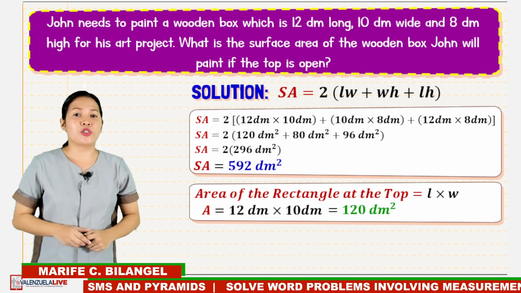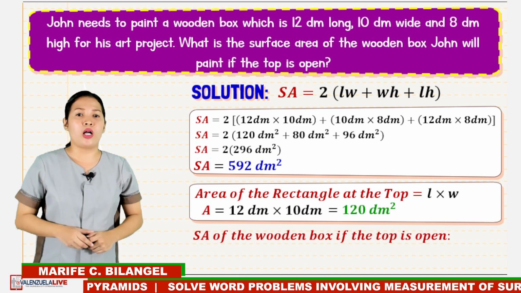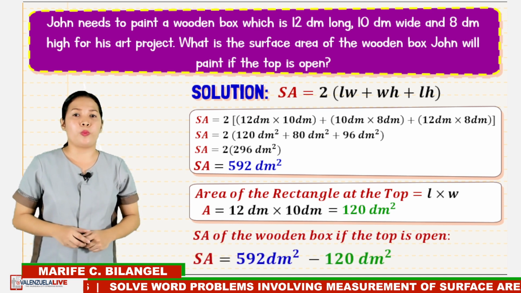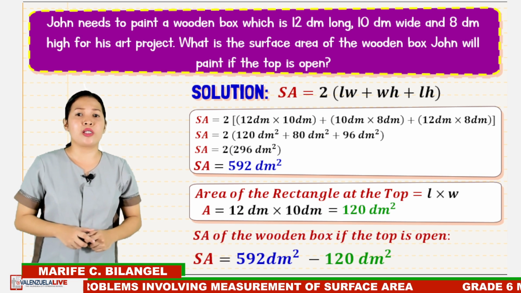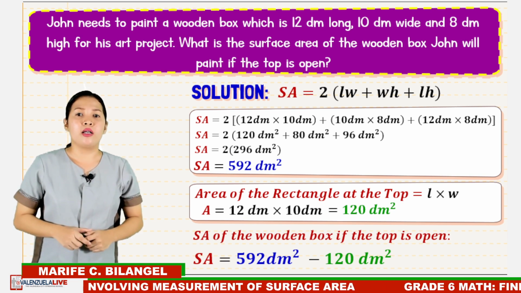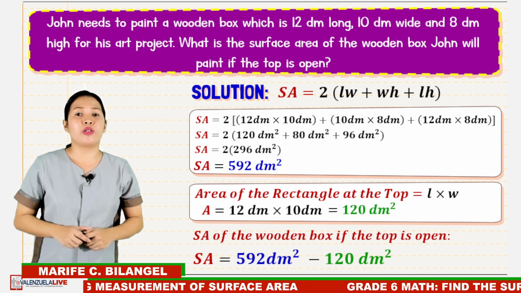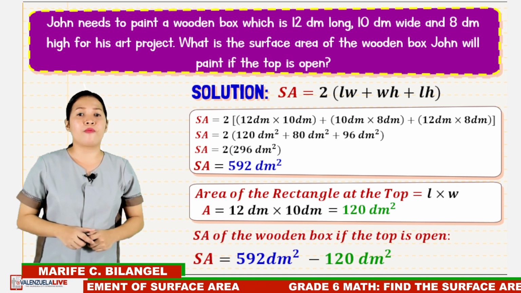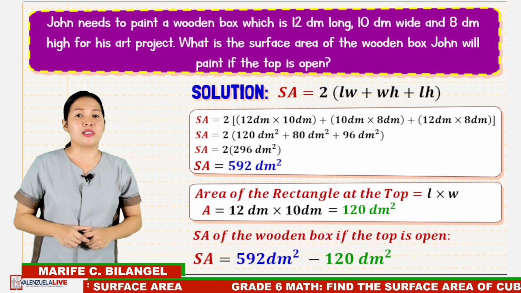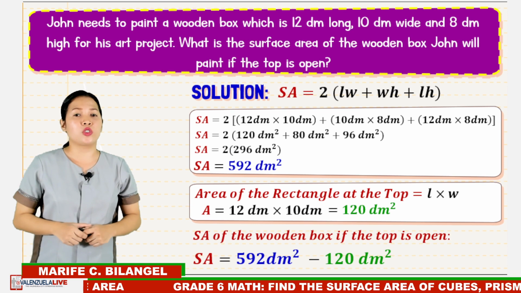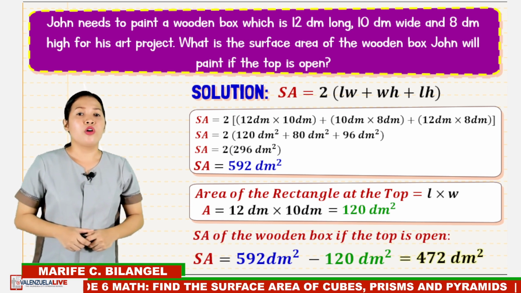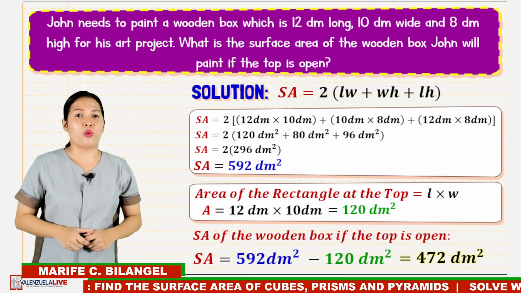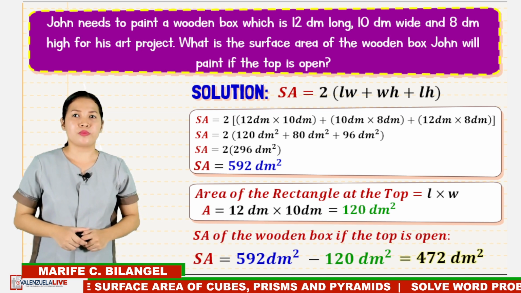To get the surface area of the wooden box if the top is open, we just simply subtract the area of the rectangle at the top from the surface area of the wooden box. So we have 592 square decimeters minus 120 square decimeters. That is equal to 472 square decimeters.